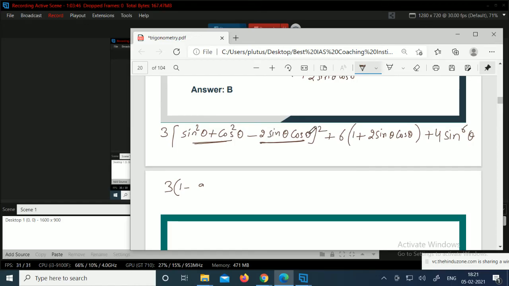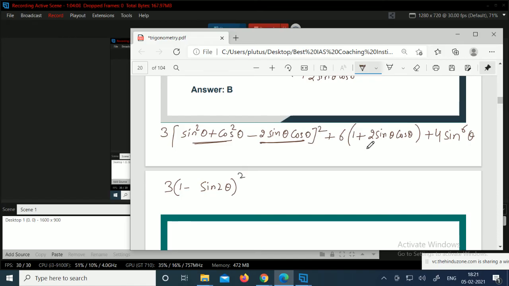Can I write sin 2 theta? This is sin 2 theta. Then square.